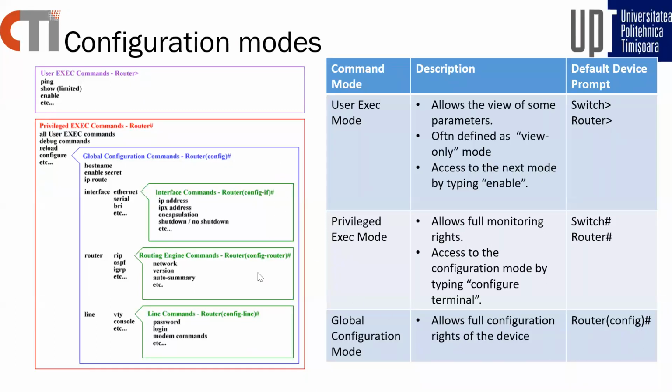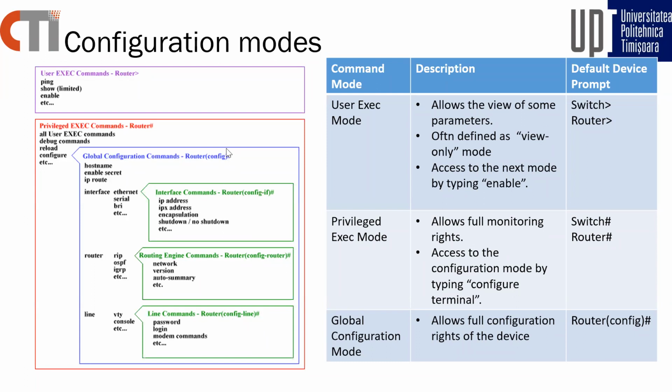And you can see here that we have different types. If we are in the global configuration mode, there's the simple config in the parentheses. If we're on an interface such as Ethernet, for instance, you'll see config-if from interface. If you're doing router commands, as in configuration of routing protocols, you have config-router, and if you're doing line commands, you have config-line.